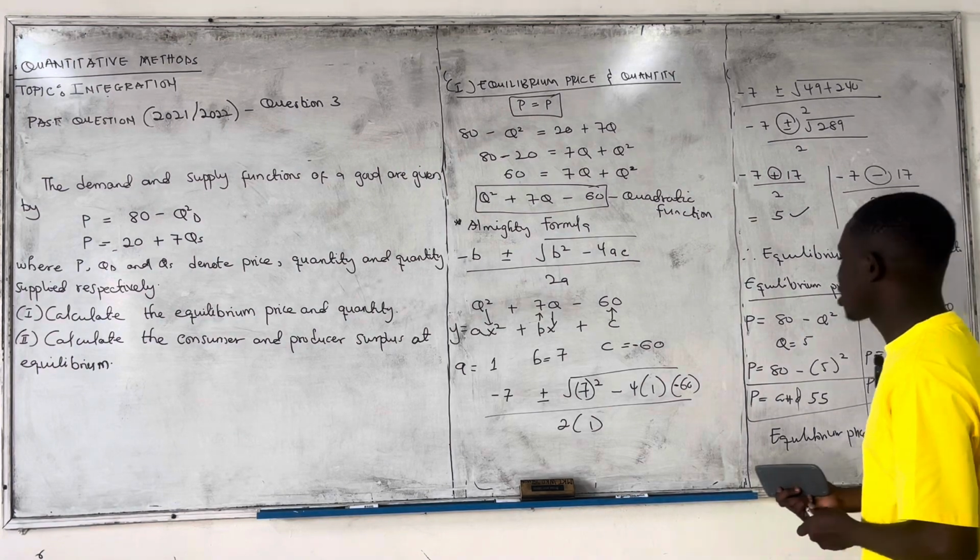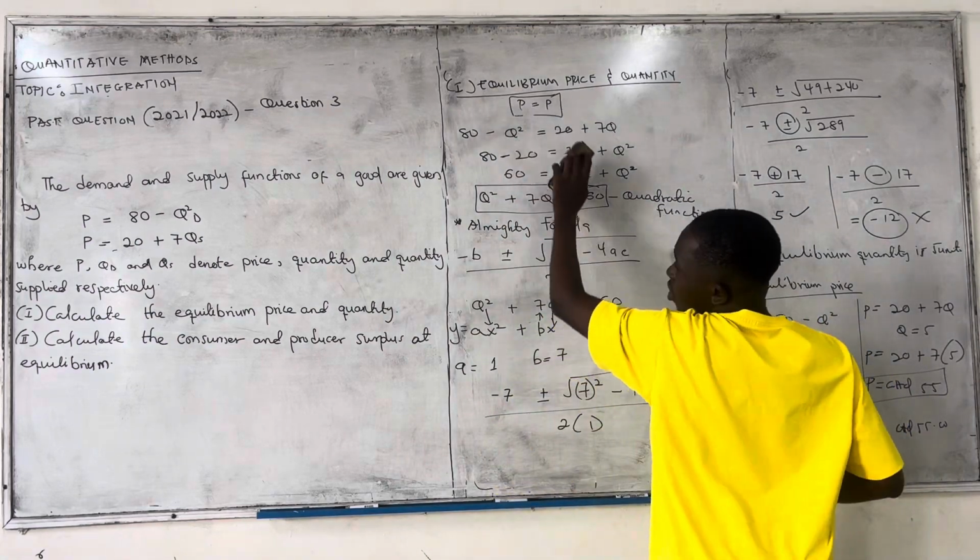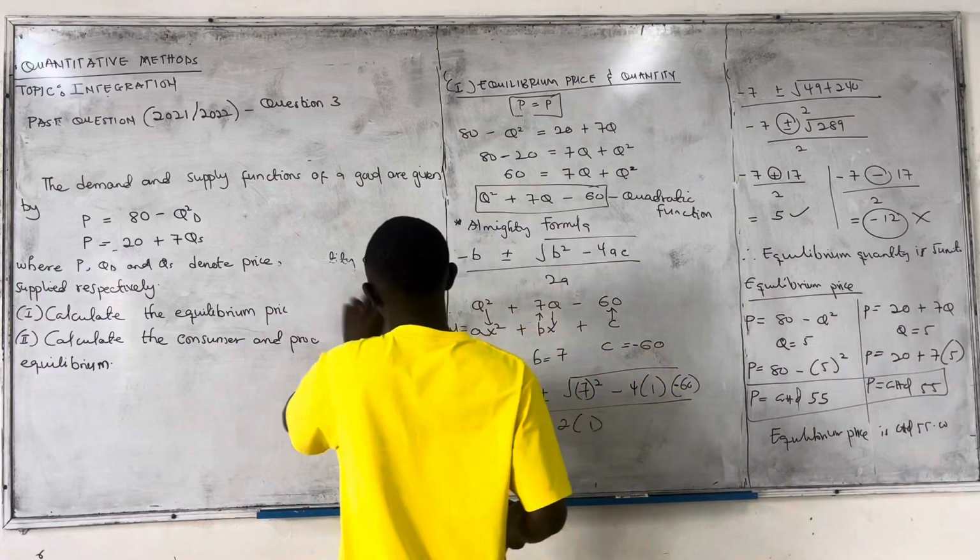And quantity is 5. So we now solve the consumer surplus and producer surplus. So let me clean the question.